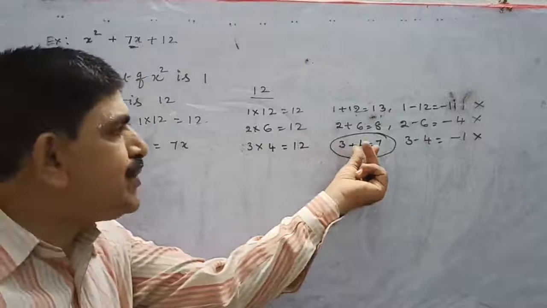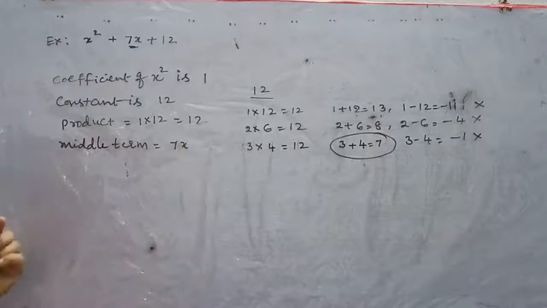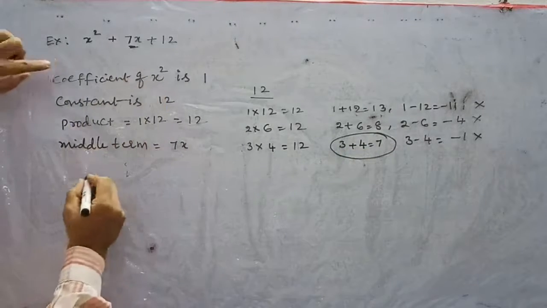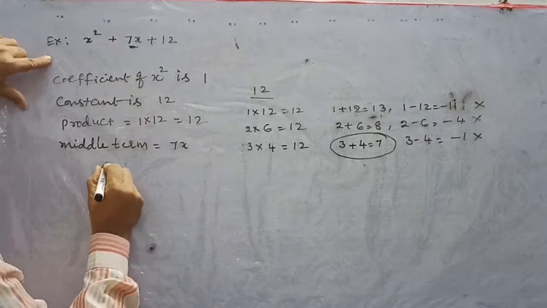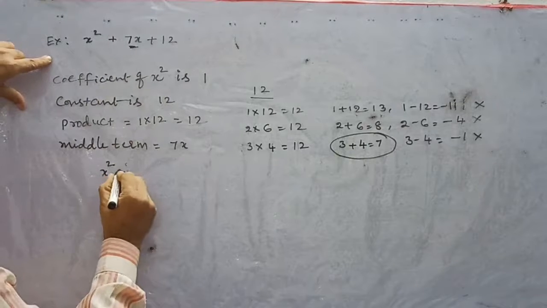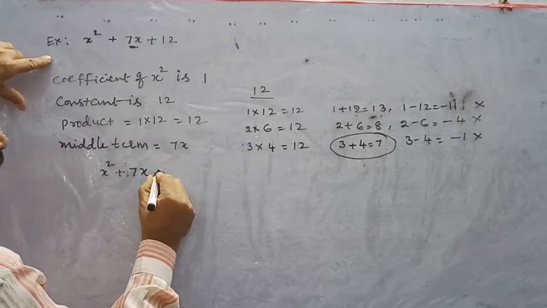Now using these two we have to write the factors. The given problem is x square plus 7x plus 12.